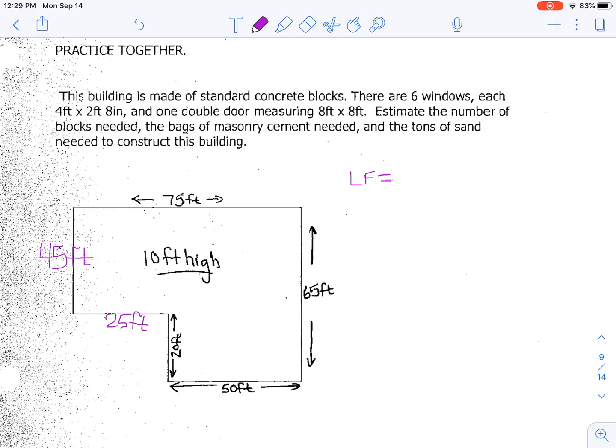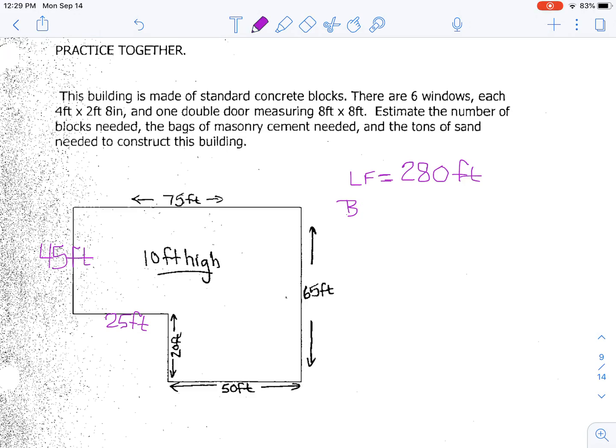This is like the foundation or the aerial view of what we're doing. So if we add 75, 65, 50, 20, 25, and 45 all together, the linear feet for our whole structure is 280 feet.